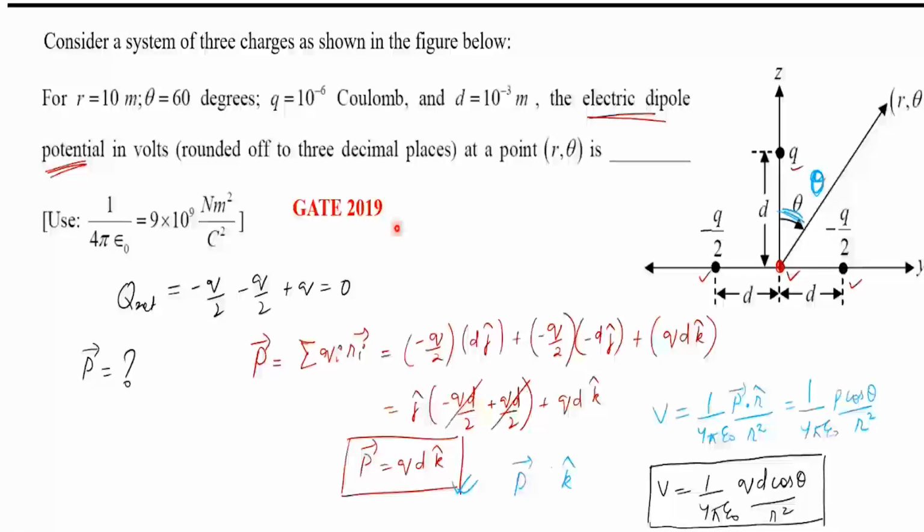Any doubts? Sir, no doubt. Yeah, tell me. How can a system of three charges be called a dipole?